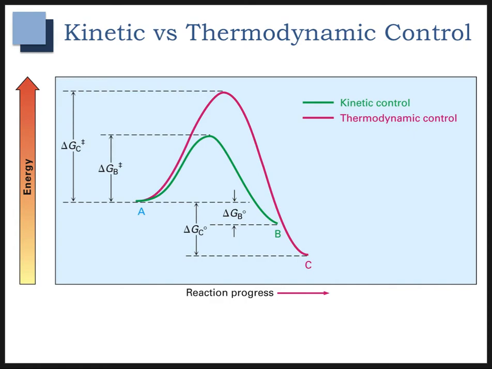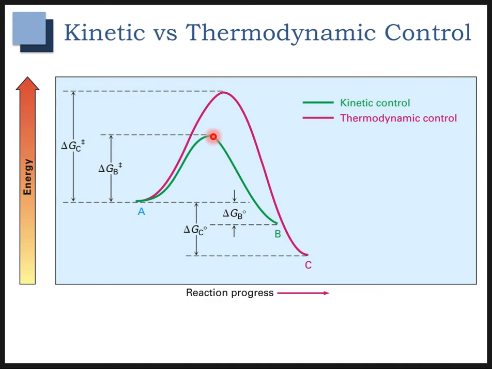So first, let's look at these reaction coordinate diagrams comparing a kinetic control situation versus a thermodynamic control situation. In kinetic control, you can see this reaction depicted by the green reaction coordinate diagram. And you want to make a couple of notes here when you're comparing it to the pink.